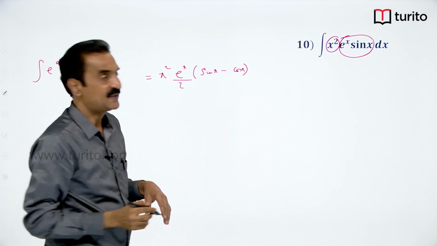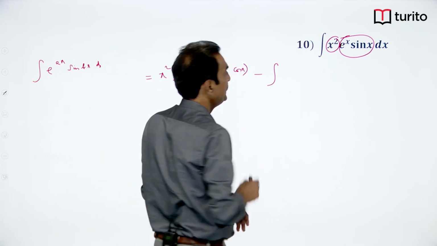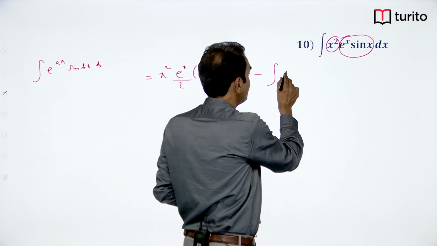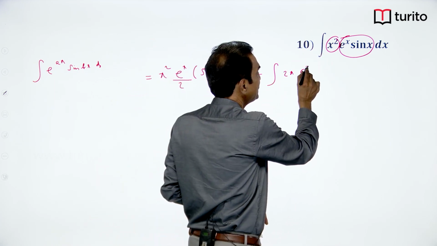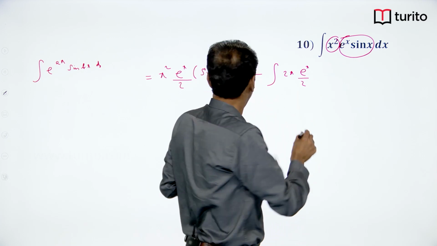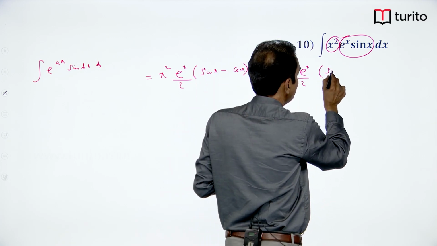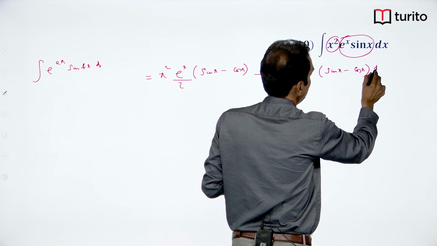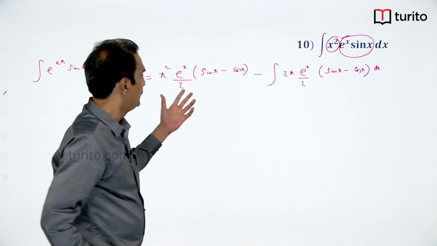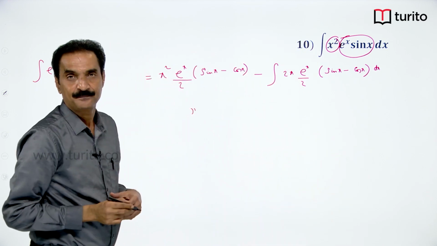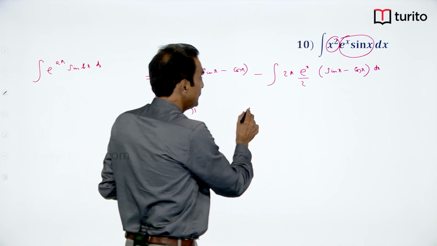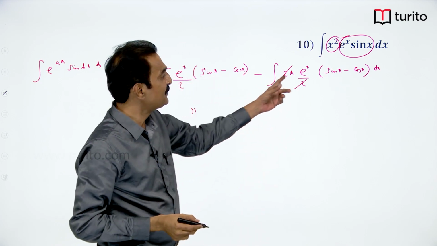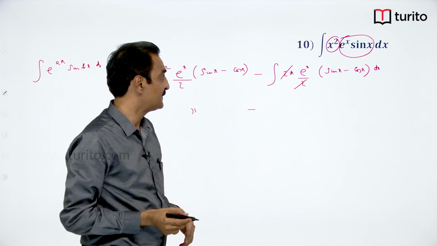First function into integral of the second, minus integral of the derivative of the first function, that is 2x, into integral of the second, which is e power x by 2 into sin x minus cos x. First term as it is, here 2 cancels, again it is a product of two dissimilar functions.